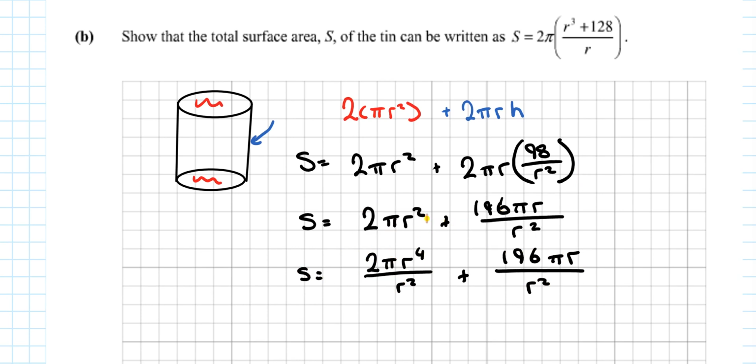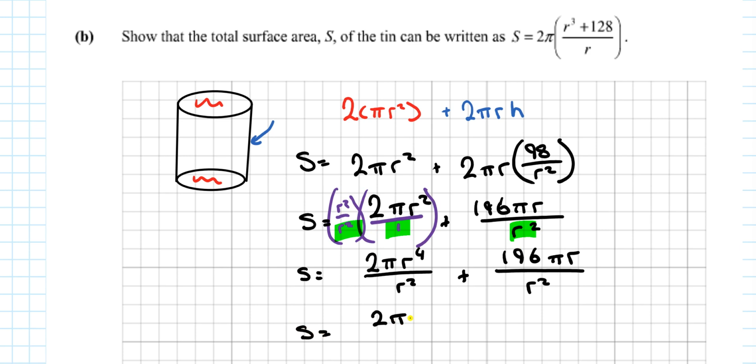So I've made this first one a fraction. I've treated it as 2 pi R squared over 1, and multiplied it by R squared over R squared. I multiply fractions by going top by top, bottom by bottom. The reason I've done that is because I want the denominators to be the same. R squared by 1 is R squared, and I still have R squared over here. So now I can add those two together.